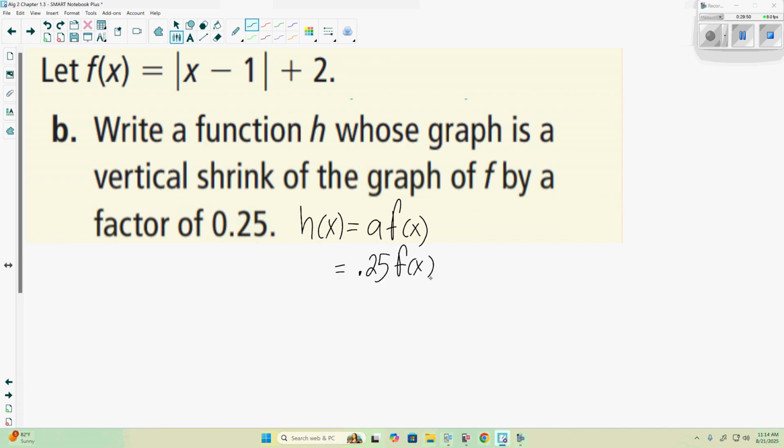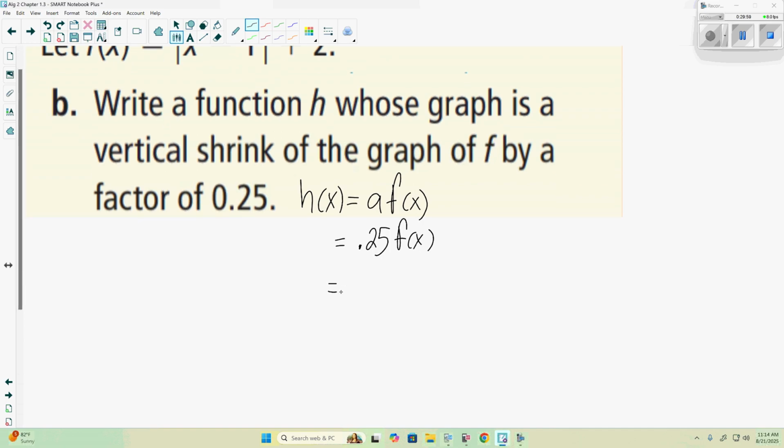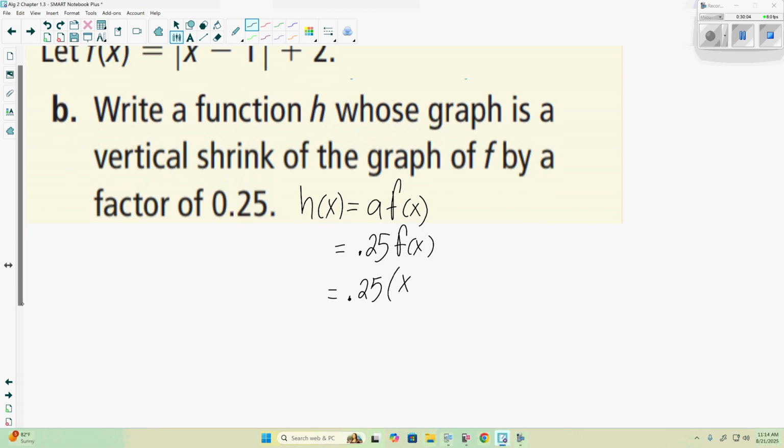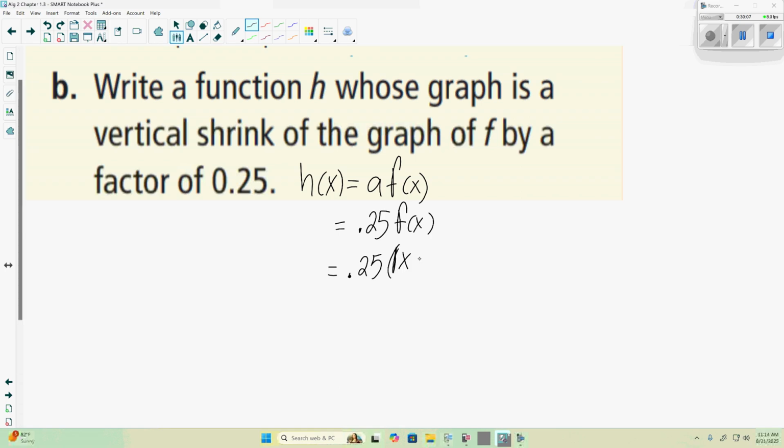We just put that in place of a, just like we've been doing up to this point.